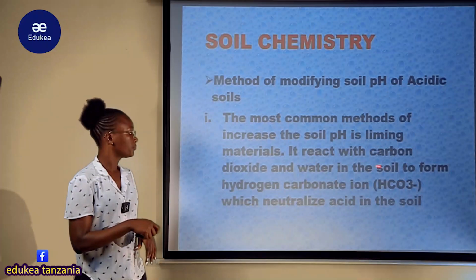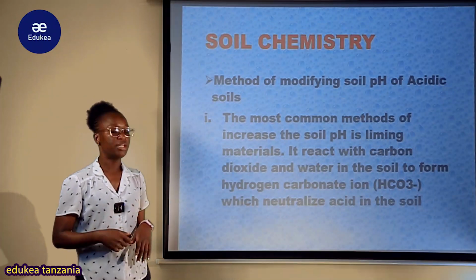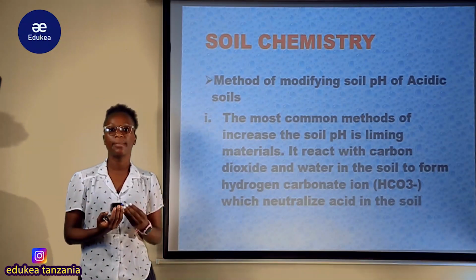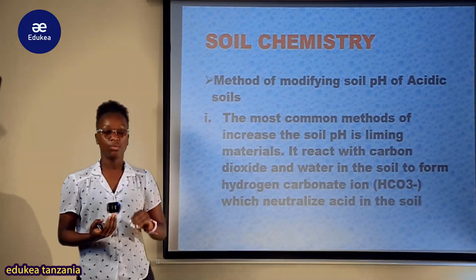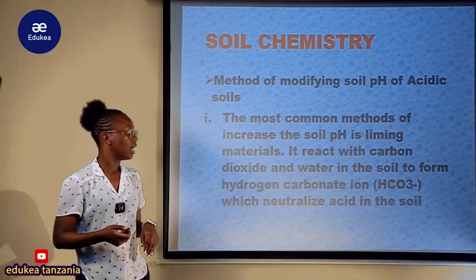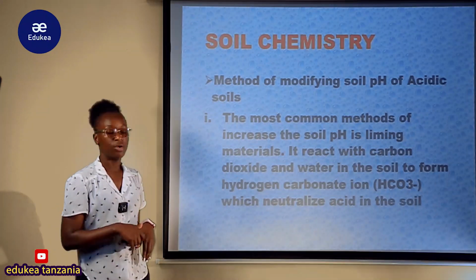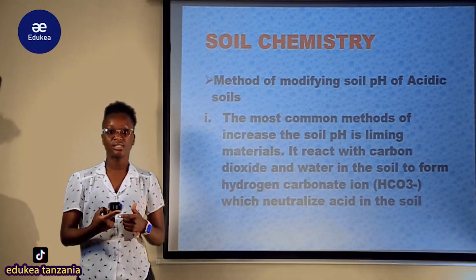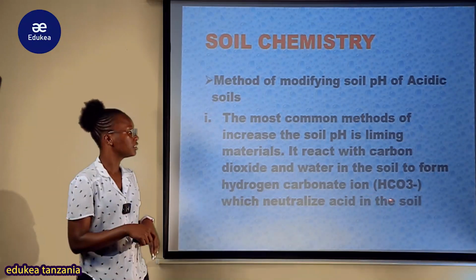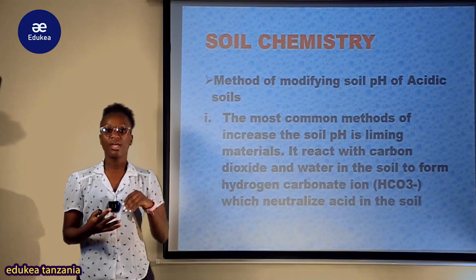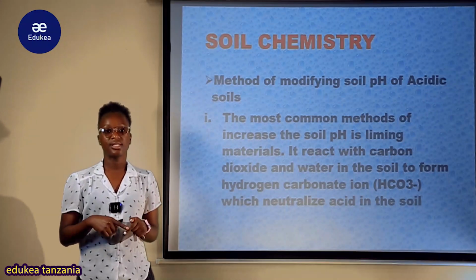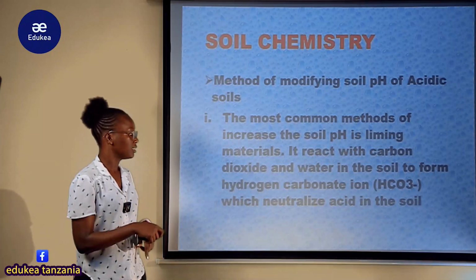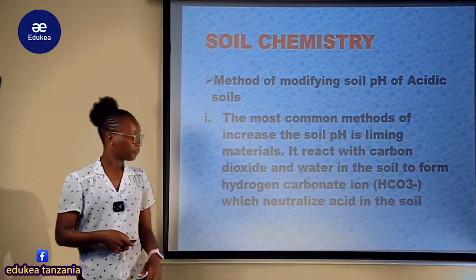It is made up of carbon dioxide material, whereby the reaction will take place between the carbon dioxide and the water. Hence we will produce the hydrogen carbonate. So from this hydrogen carbonate, after dissociating, obviously tutakuja kupata hii hydrogen carbonate ions. So hii hydrogen carbonate ions simply itasaidia kuneutralize ile acidic soil kwa kufanya addition ya hizi ions ambazo ziko humu.